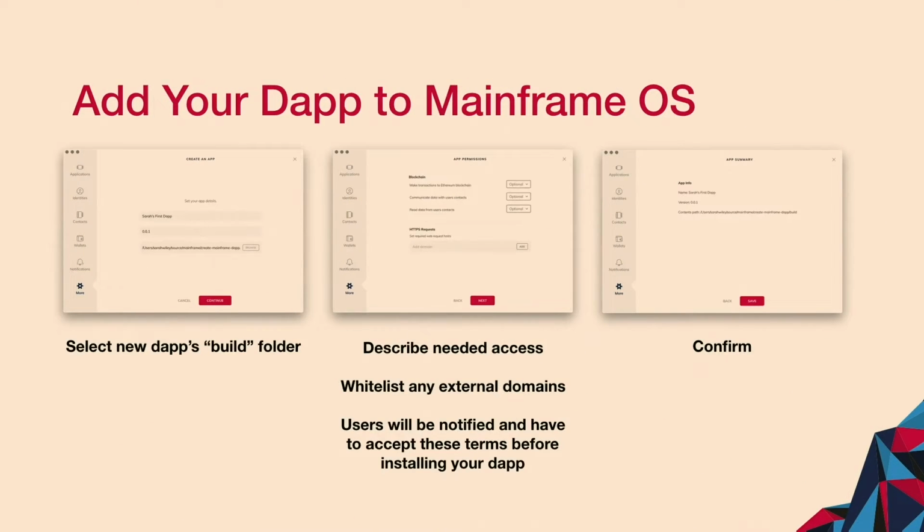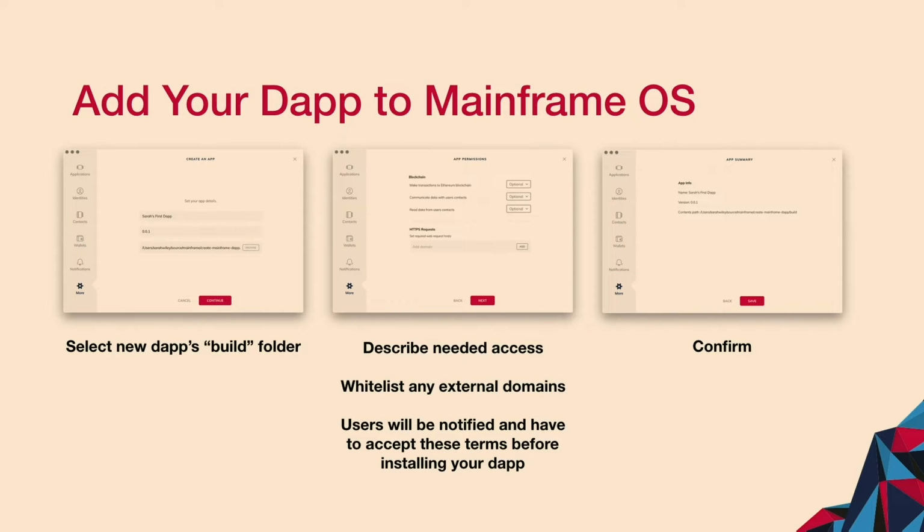So we're going to go through the process there of now adding your DApp, the one you just created with Create Mainframe DApp, to Mainframe OS. So you give it a name, give it a version, just a little bit of metadata, and then point it to the build folder. That's structured the way we need it to be able to display it within the OS.